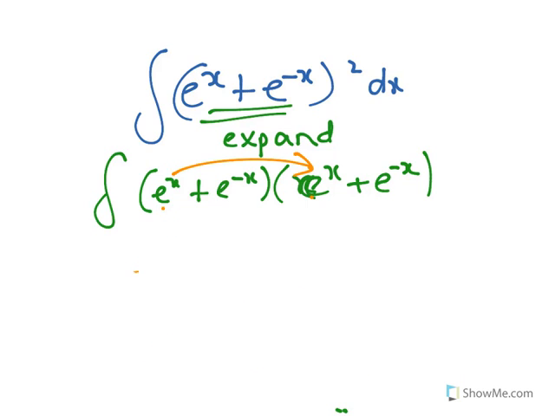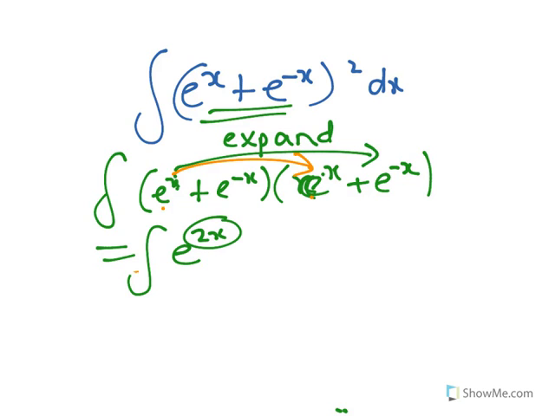So it's just going to expand first, then integrate. So e to the x times e to the x is e to the 2x, because it's e to the x plus x, which is 2x. E to the x times e to the minus x is e to the x plus minus x, which is e to the 0.